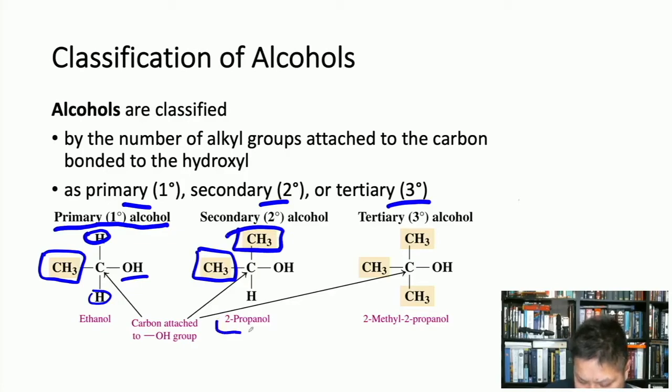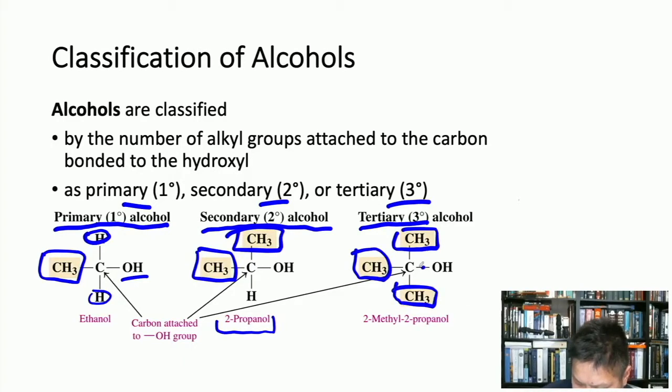This is 2-propanol, right? Because it's on the second carbon. That makes it a secondary alcohol. And then a tertiary alcohol, there are 3 methyl groups attached to that center carbon, along with the OH, making it 2-methyl 2-propanol, right? Since there's 3 methyl groups, it's a tertiary alcohol.